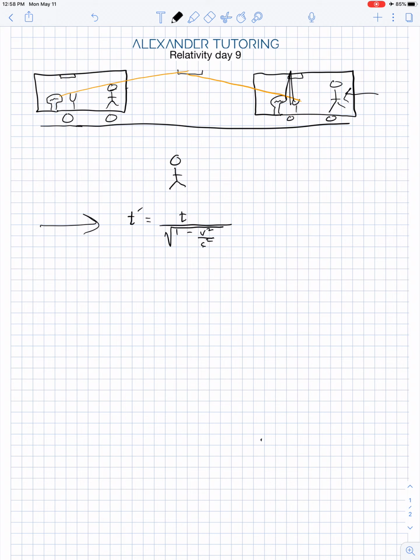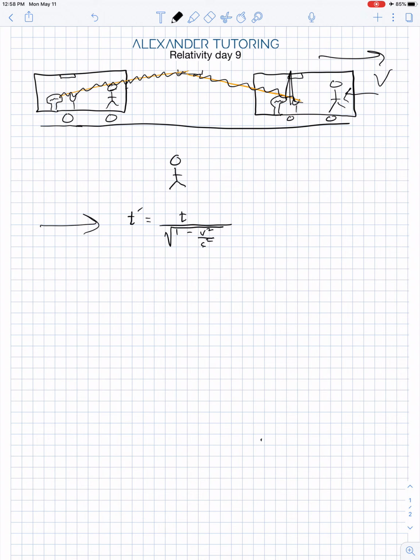Now the guy watching from the embankment sees the light travel a different path. The light has to travel all the way up to the top and back down as the train moves to the right at speed v, right? So he actually sees the light travel a longer distance.